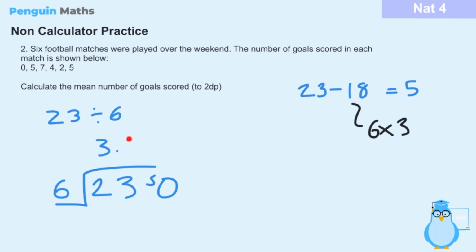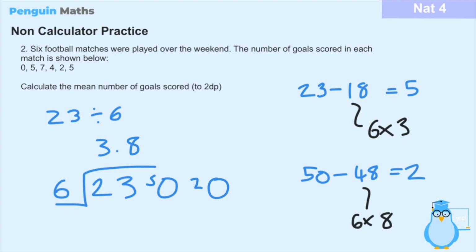Now to get the first number after the decimal place, we ask how many times 6 goes into 50. Well, 6 times 8 is 48, and that's the closest we can get, so our first number after the decimal point is 8. Then the remainder between 50 and 48 is 2.